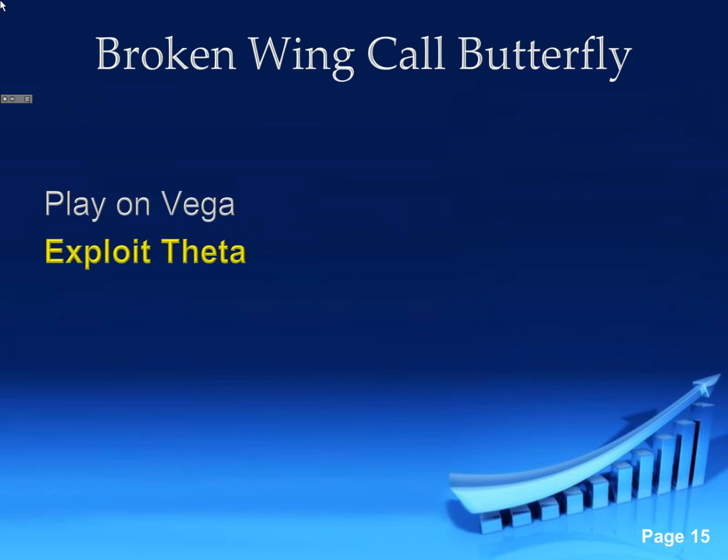And theta. Anytime we're doing a play on Vega and we want to sell in high volatility, sell in high vol, right? Or we want to exploit theta. That means we want theta to go down as well because we're collecting a credit. Anytime you're collecting a credit, you want to sell high volatility and you want to exploit theta decay.